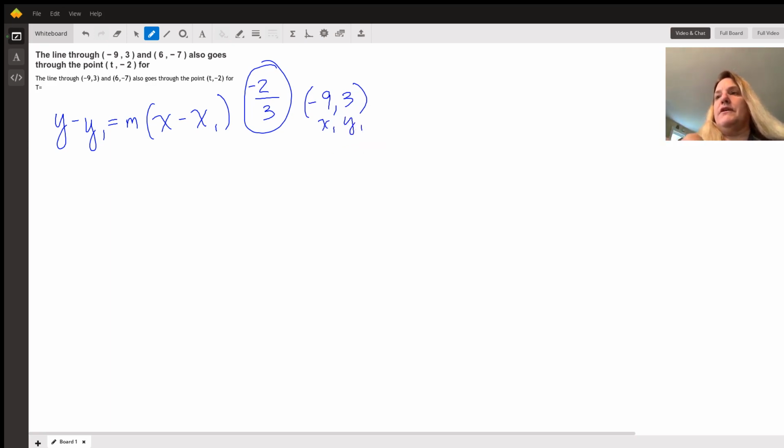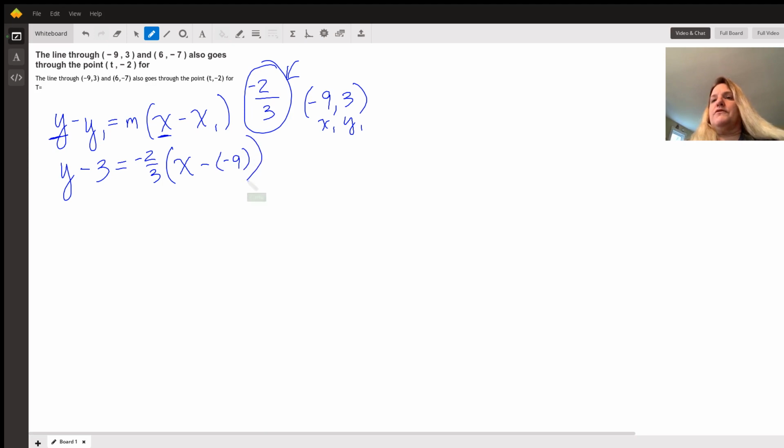So now if I fill into the formula here, this y and this x remain in the formula. So y minus y1, which is 3, equals the slope that I found right here, -2/3, times x minus my x1, which is -9.